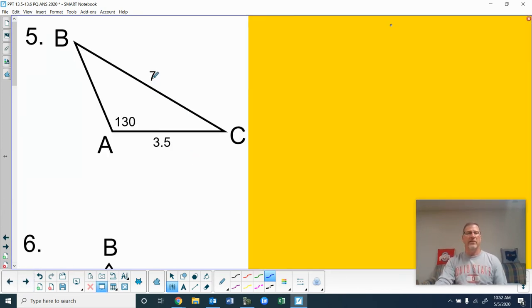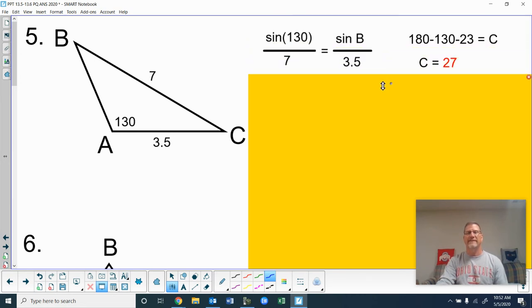All right, we have an angle and 2 sides, side side angle. Since I have an angle and a side opposite, like that, I can use law of sines. The only thing I can figure out is angle B in this situation. So that's how I set up my law of sines. So sine of 130 degrees over side A, which is 7, equals the sine of angle B over 35.